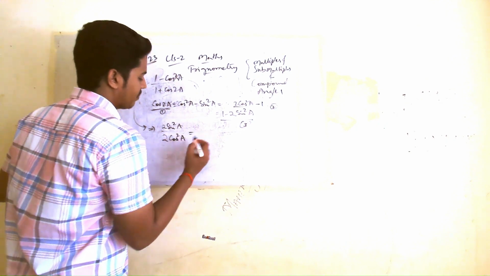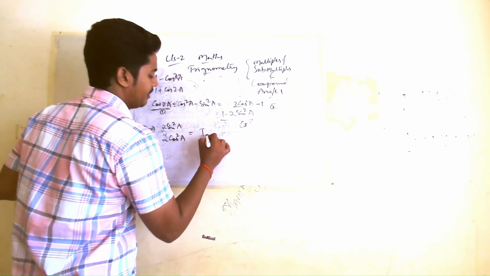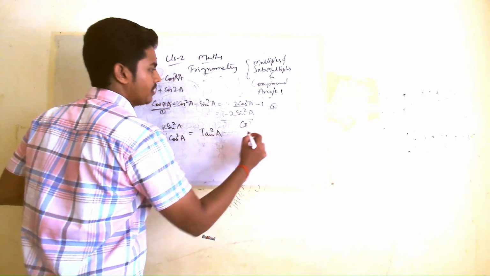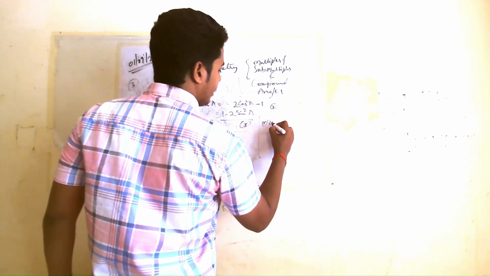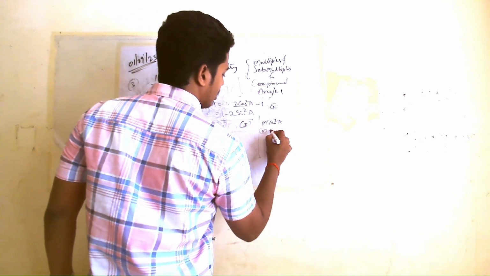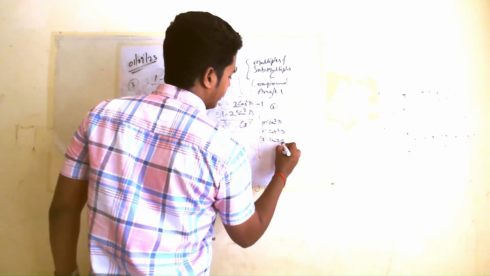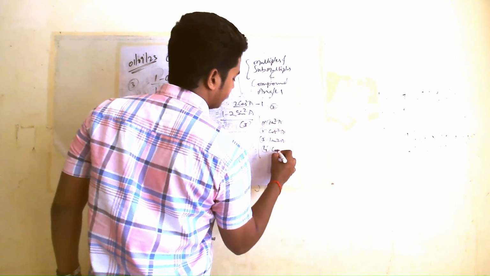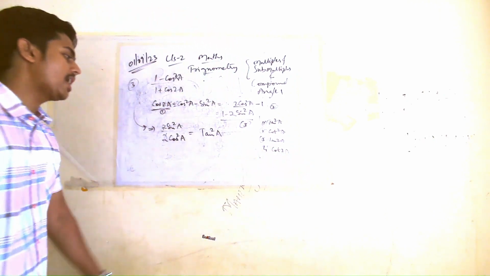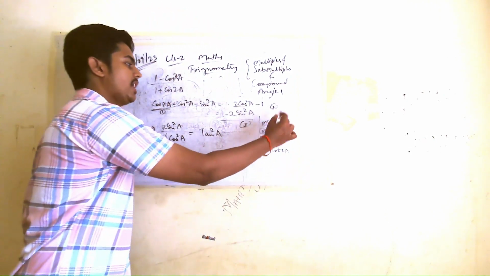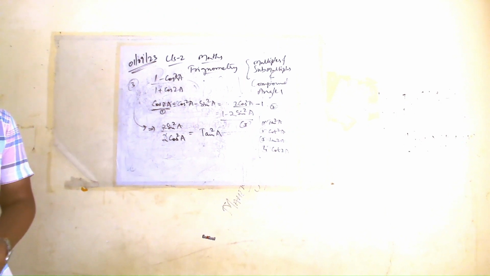So 2 sin square a by 2 cos square a gives us tan square a. So options will be like tan square a, cot square a, tan 2a and cot 2a. So our answer is tan square a. So option A is the correct option.